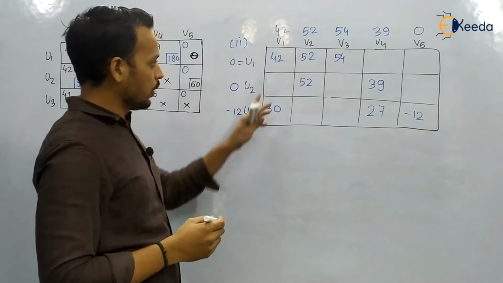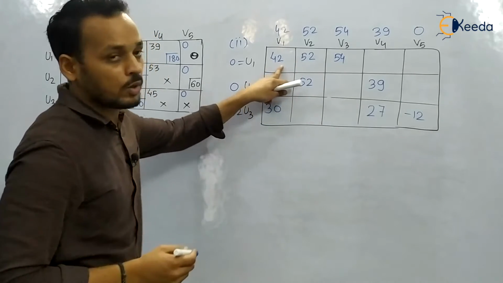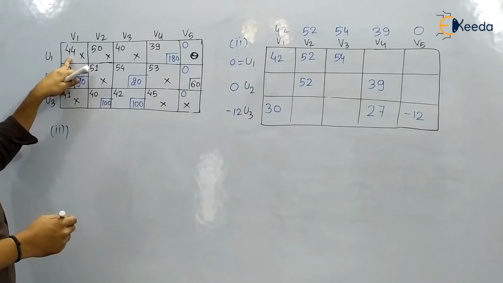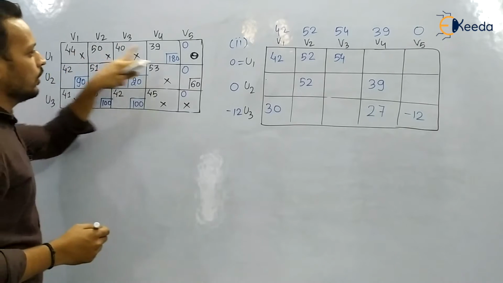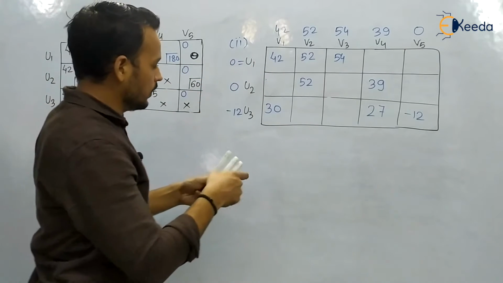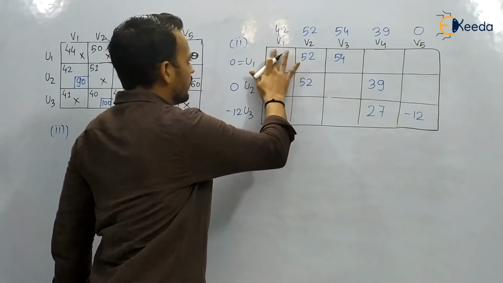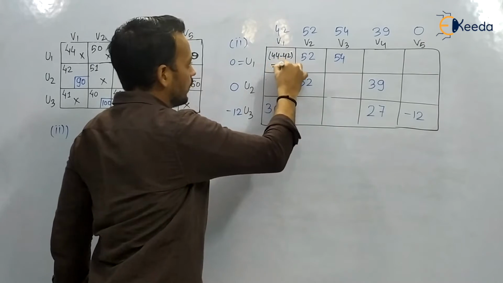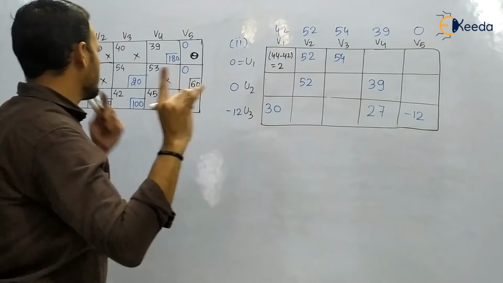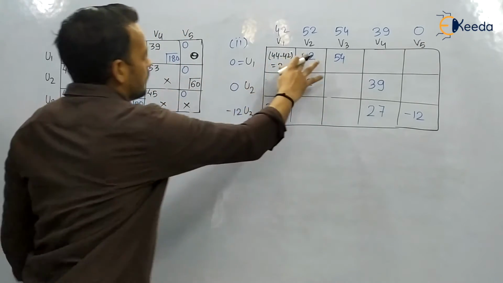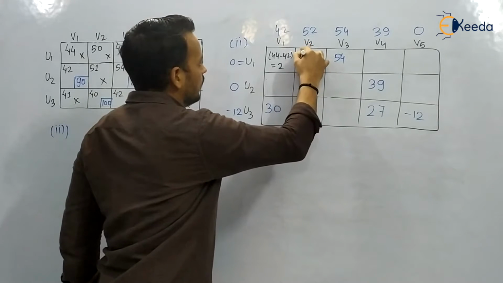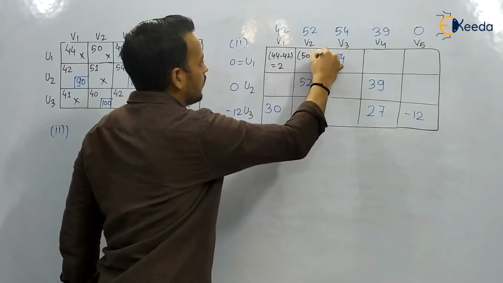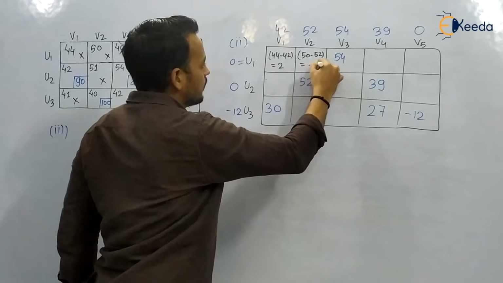Now you have to subtract this value from the original cost cell matrix. Here it was 44 minus 42, so it is going to be 2. These steps have been told. 50 minus 52 is going to be minus 2.